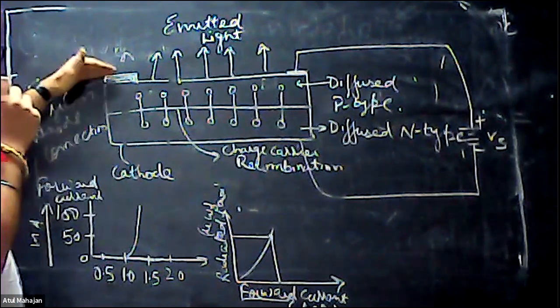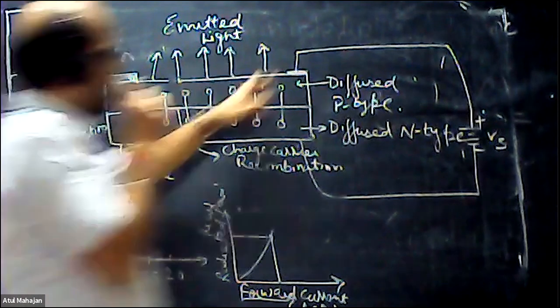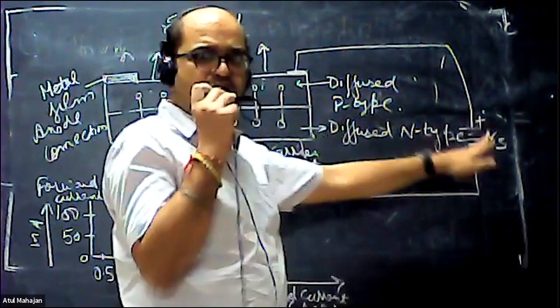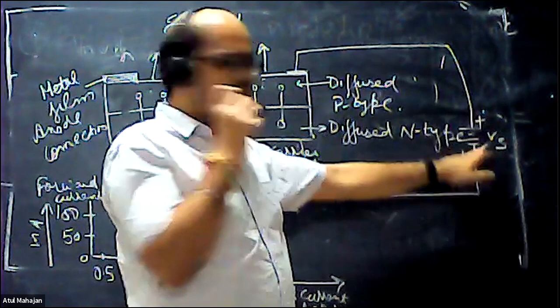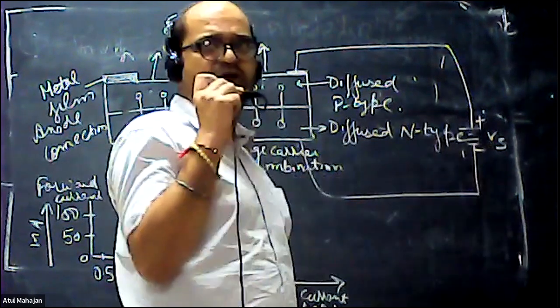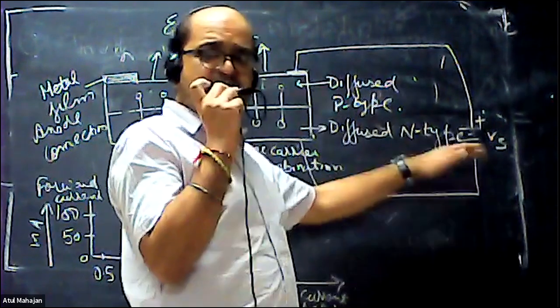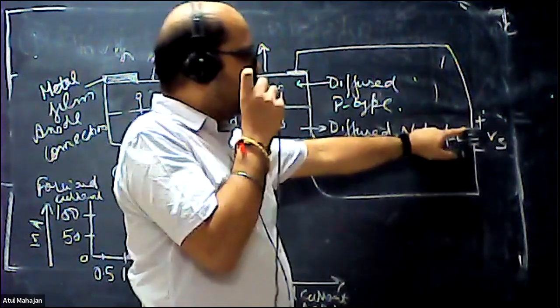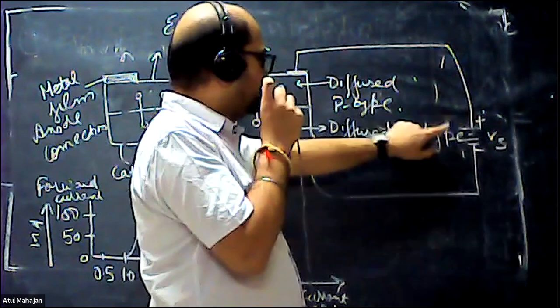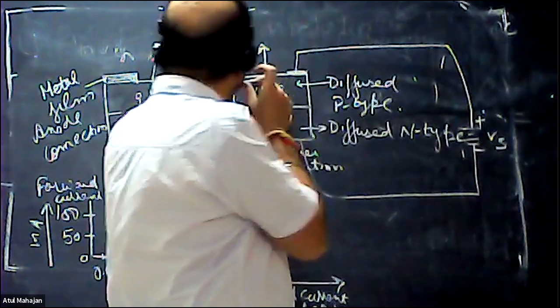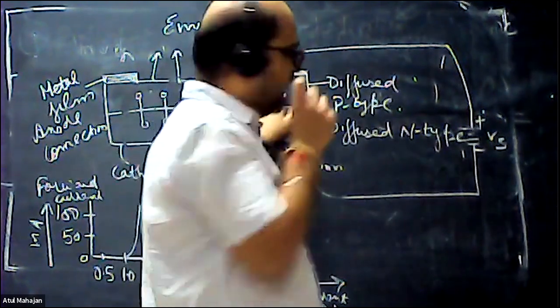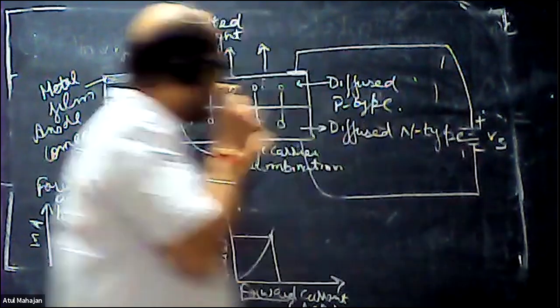To the anode and cathode we connect the supply voltages, that is the positive and negative terminals of the battery. The anode is at the positive potential, the cathode is at the negative potential. Similarly, we connect the positive terminal of the battery to this P type, the anode, and the negative terminal of the battery to the cathode.